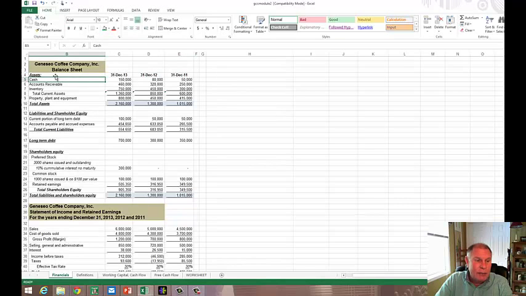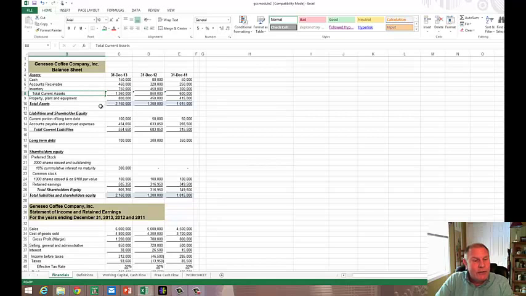What are the assets the company has? Well, in this case, it is actually pretty straightforward when you look. They have cash. They have accounts receivable. People owe them money. They have inventory, and that gives them total current assets.